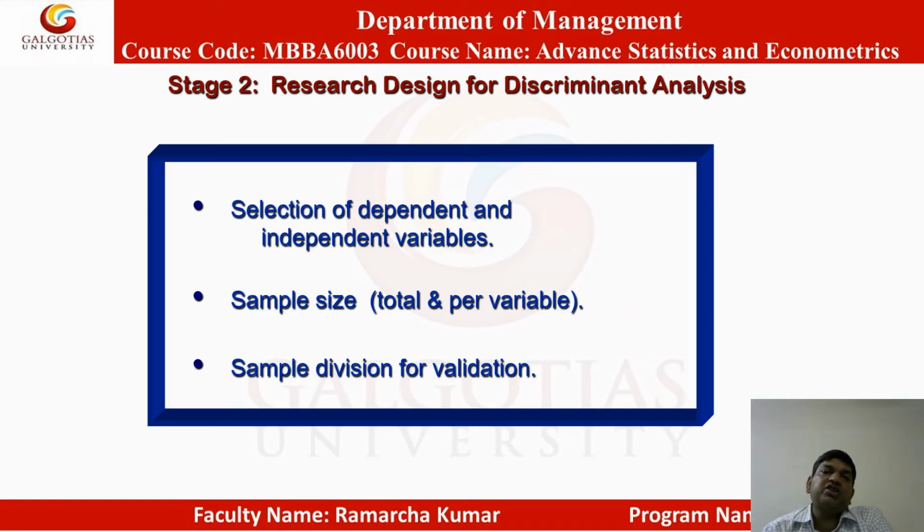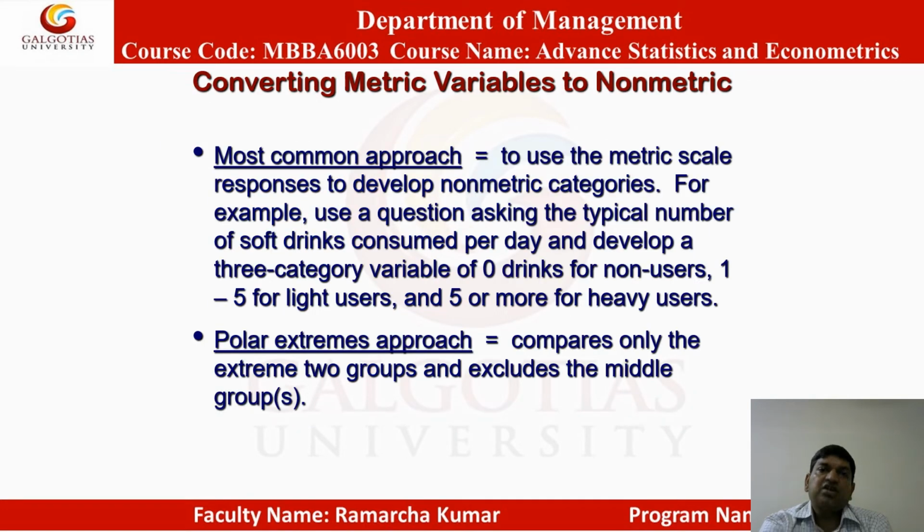Research design for discriminant analysis is stage 2. We need to do selection of dependent and independent variables, sample size total and per variable, sample division for validation, and converting metric variables to non-metric. The most common approach is to use the metric scale response to develop non-metric categories.